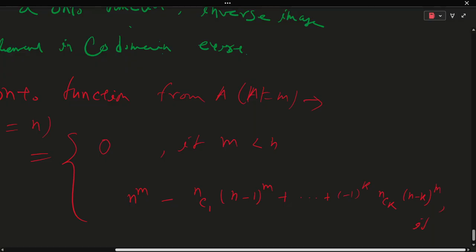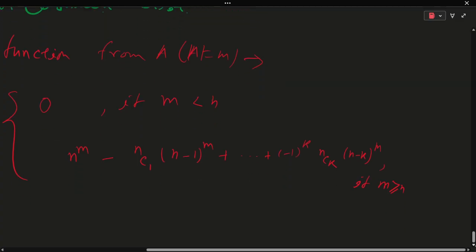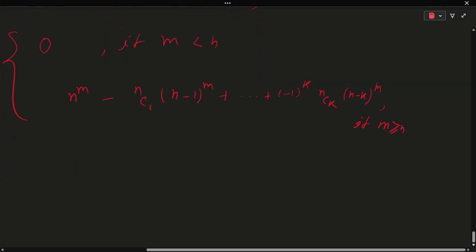This is the number of onto functions when m is greater than or equal to n.